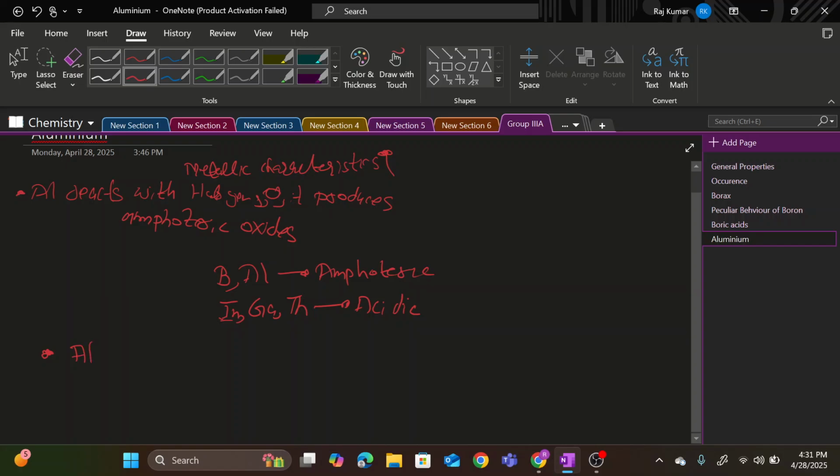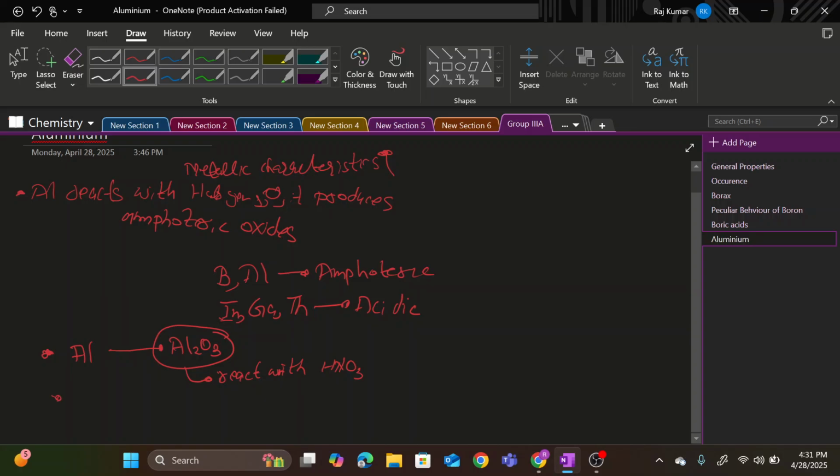Whenever aluminum is exposed to air, it basically creates a layer of aluminum oxide on its surface, a coating of aluminum oxide, due to which it is unable to react with nitric acid.